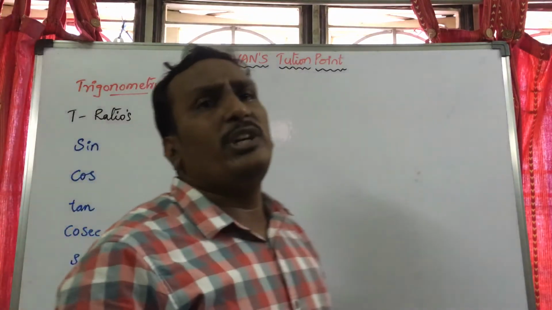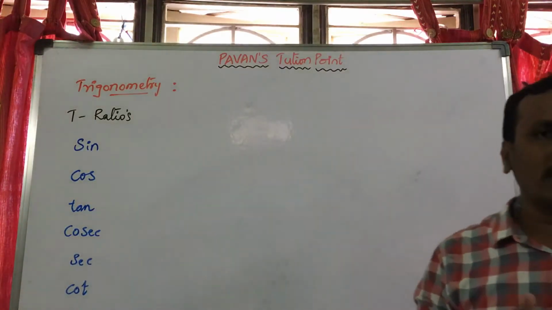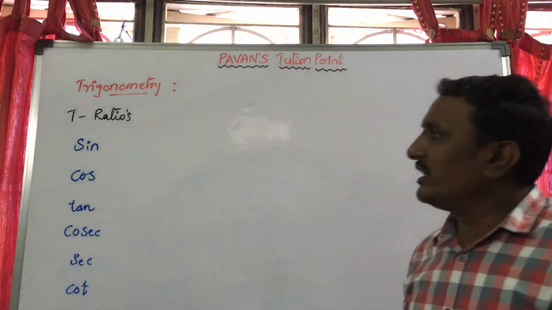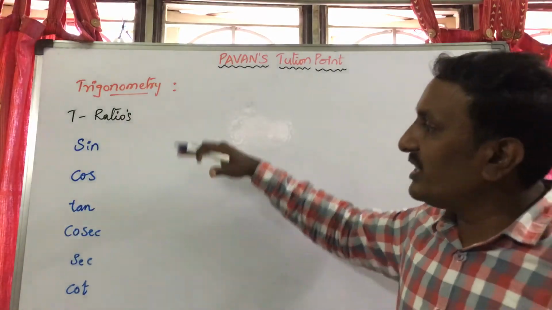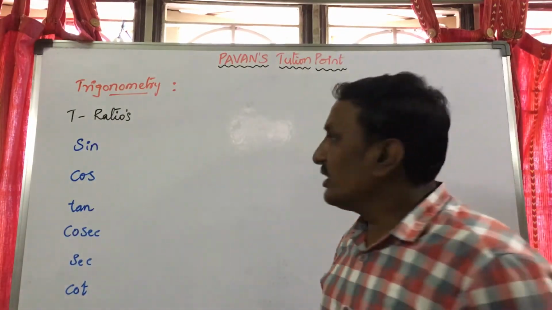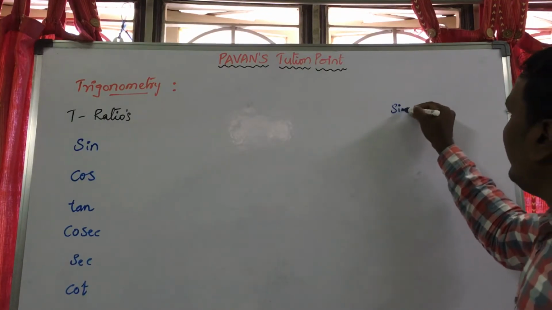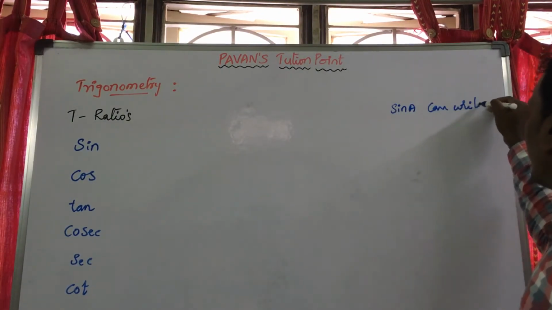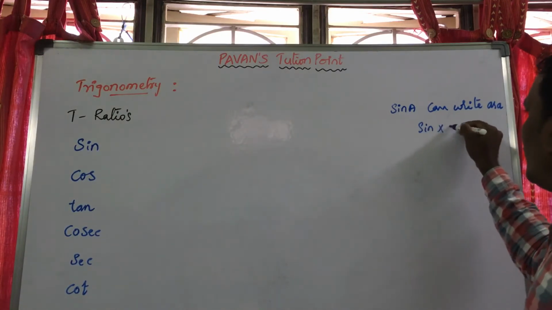First of all, we need to learn about these trigonometric ratios. The first one, sine, is nothing but the sine of an angle. From this part we can get a question for 1 mark. Sine A, can we write it as a sine into A?